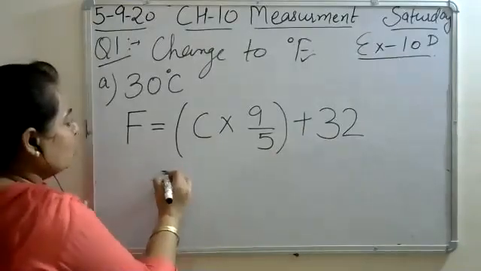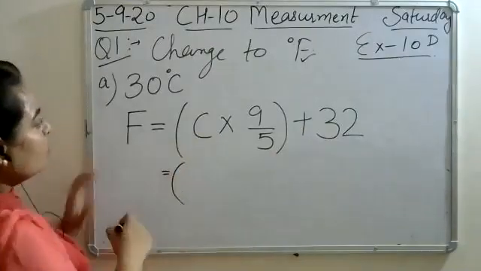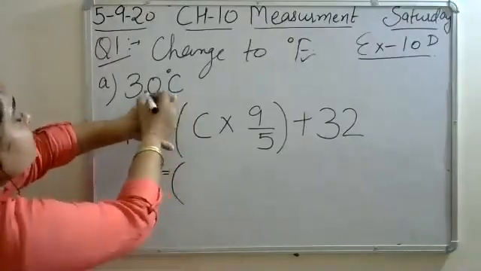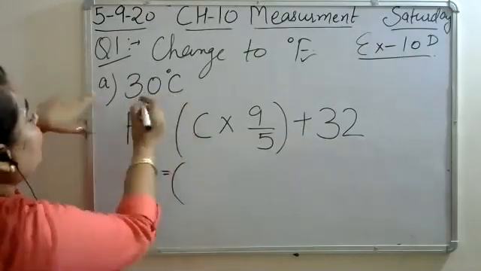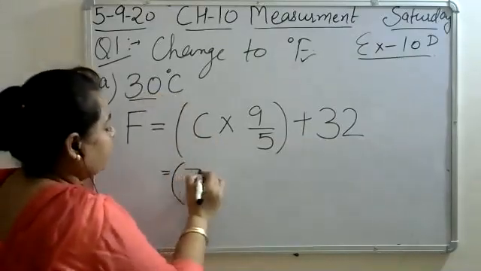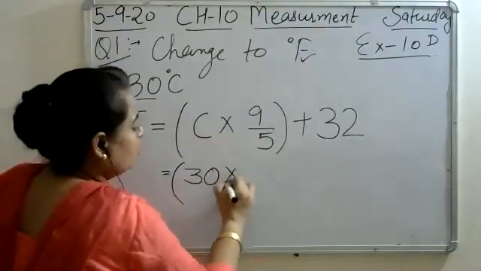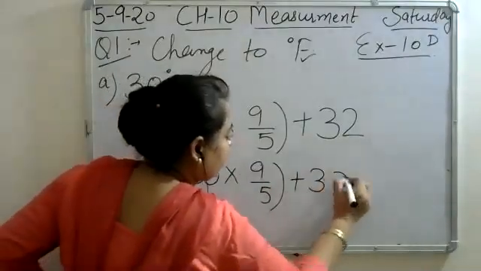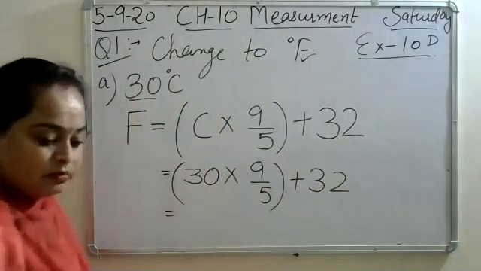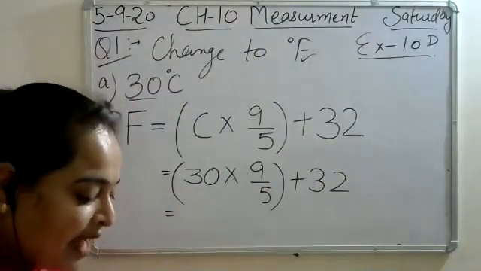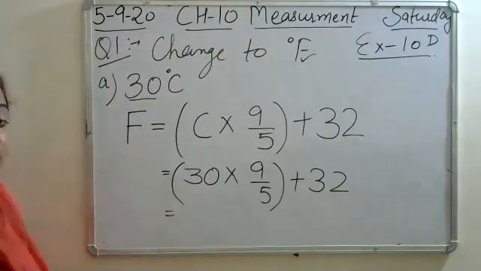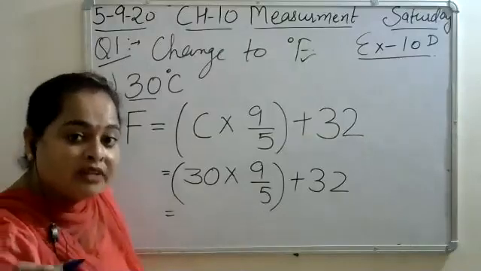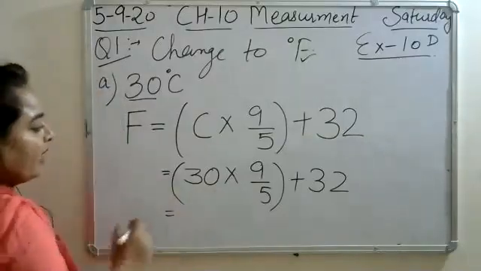Now put the values. What is Celsius? It is given in the question: 30. So in place of C, you will write 30, into 9 by 5 plus 32. Now we will apply the concept of BODMAS here. First of all, we solve the bracket.